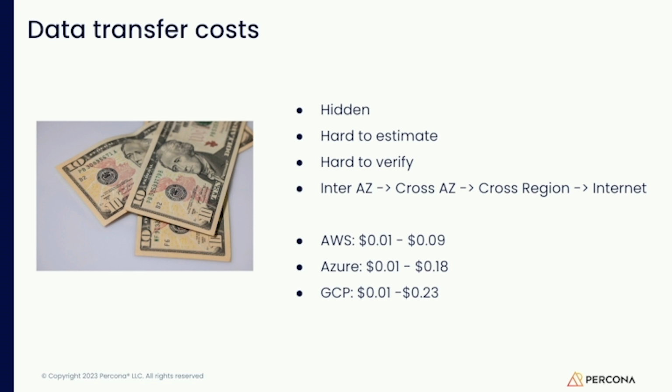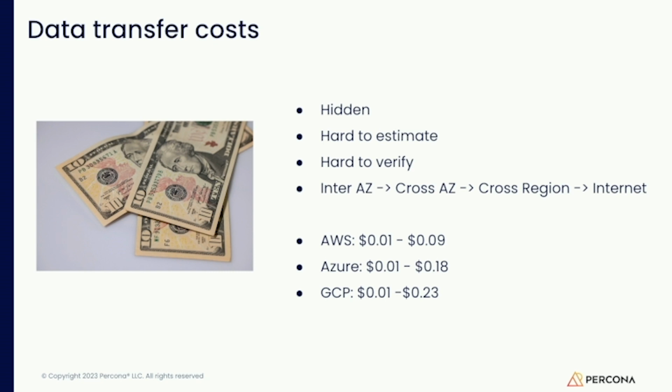I mean, you get a bill saying this was the data that you transferred, but then what can you really do about that, and why does it happen this way? So understand that your choices for how your topology looks, and this is true not only for cloud DBaaS but also if you're using just infrastructure as a service, your choices of where to put your nodes actually impact the data transfer costs heavily, right?